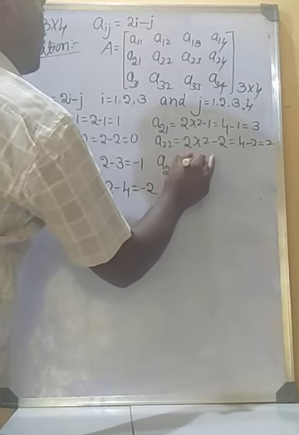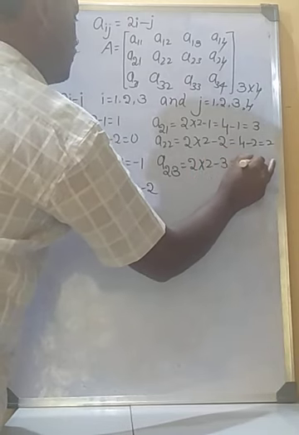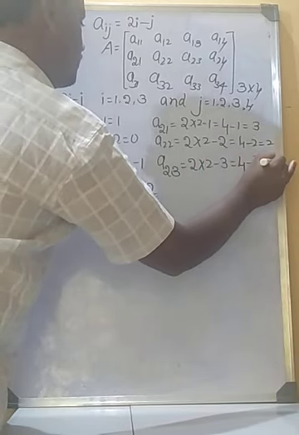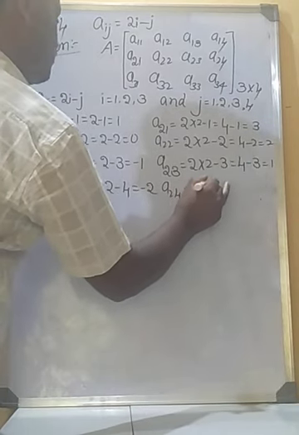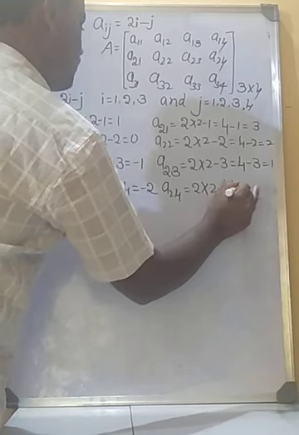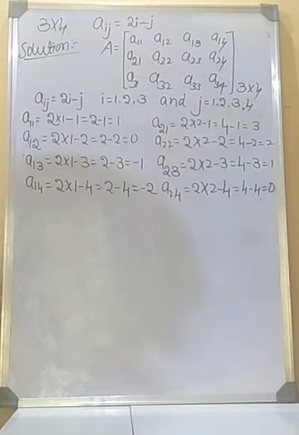A23 is equal to 2 into 2 minus 3 is equal to 4 minus 3 is equal to 1. A24: 2 into 2 minus 4, 4 minus 4 is equal to 0.